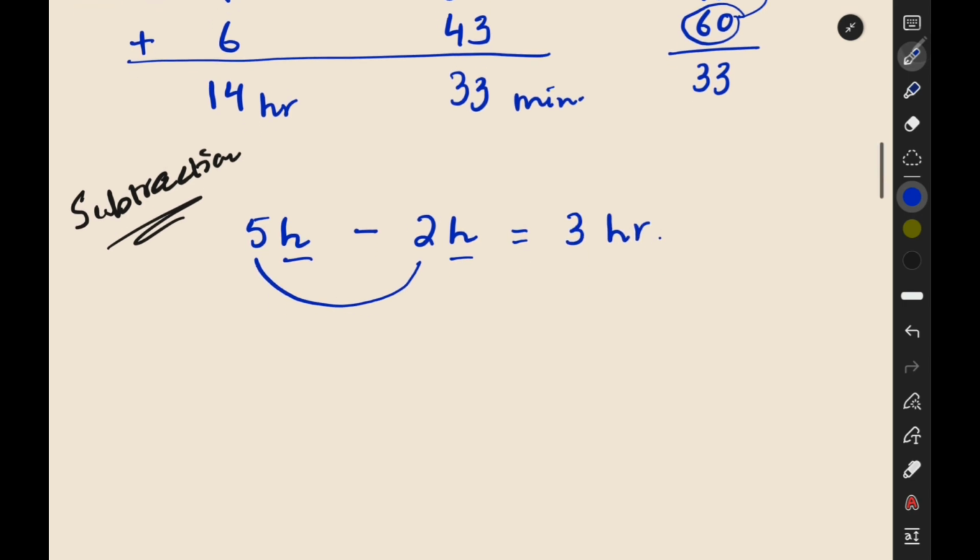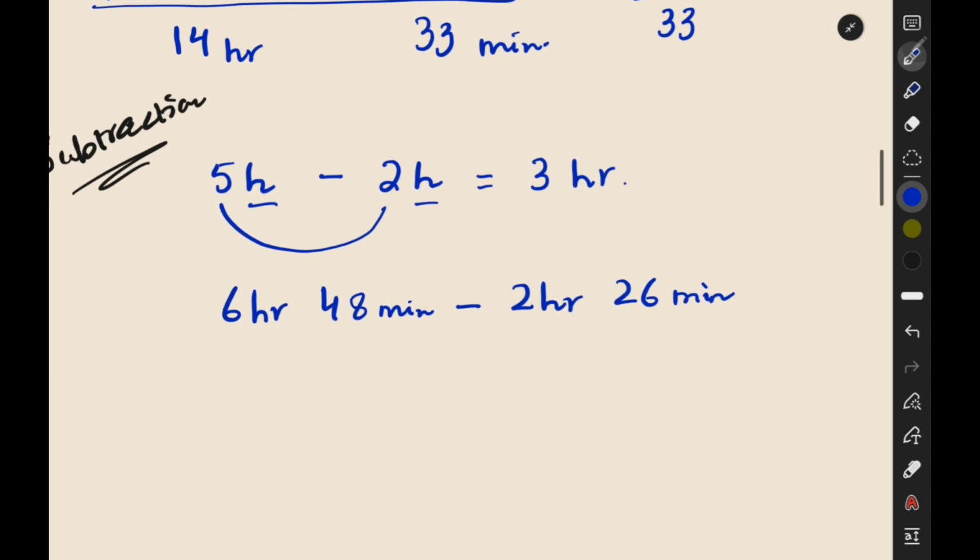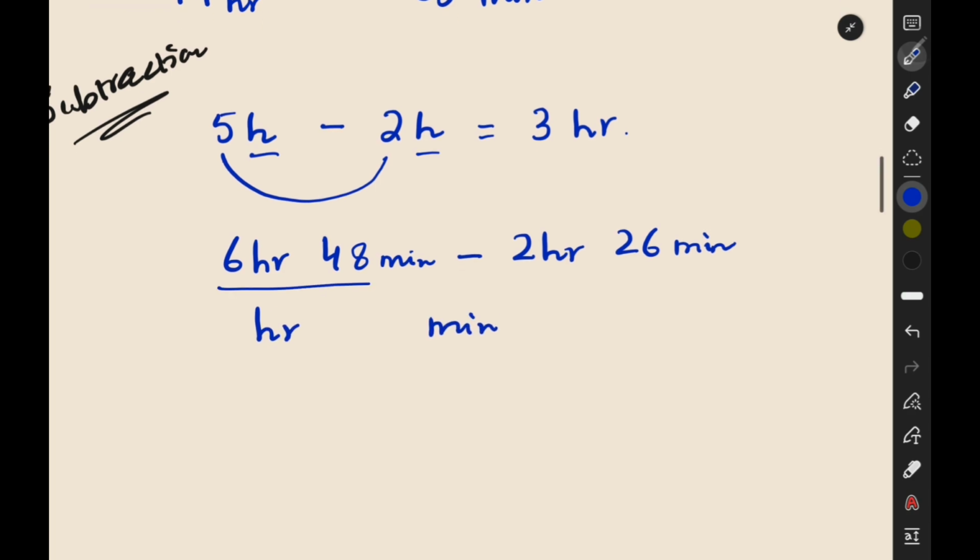The next example, 6 hours 48 minutes, subtract from it 2 hours 26 minutes. Now again we write the symbols first, hour and minutes, and we write the values of the first one, that is 6 hours and 48 minutes.